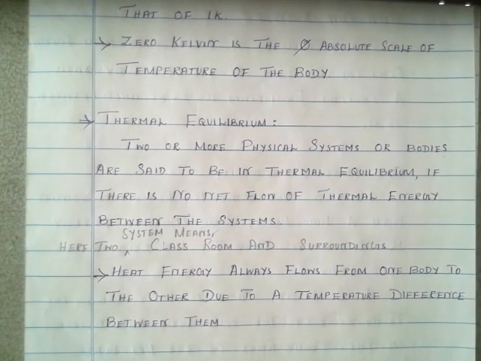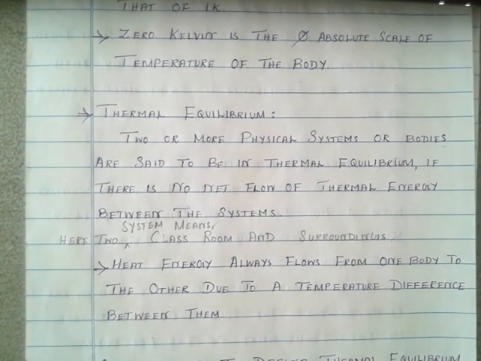Suppose the temperature of this classroom is higher when compared to the surroundings, then heat energy transfers from this classroom into the surroundings. In other words, if the temperature of the surroundings is higher when compared to the temperature of this classroom, then heat transfers from the surroundings into this classroom. This continues until the two systems come to an equilibrium position.